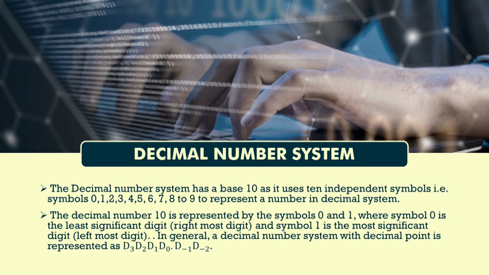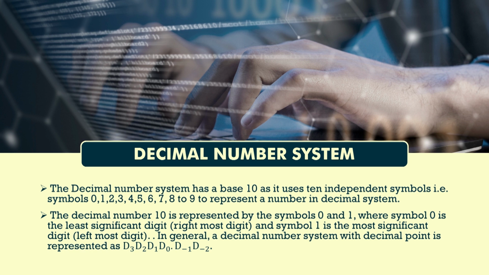system. The decimal number 10 is represented by the symbols 0 and 1, where symbol 0 is the least significant digit, or the rightmost digit, and symbol 1 is the most significant digit, or the leftmost digit, in the decimal number 10.